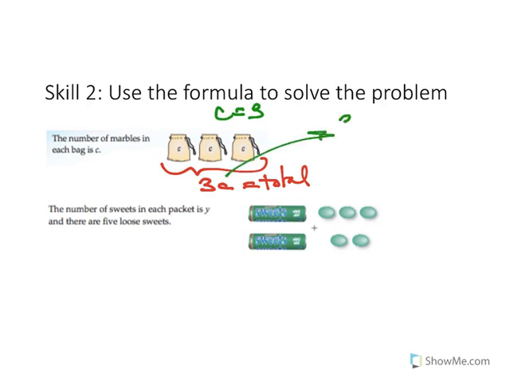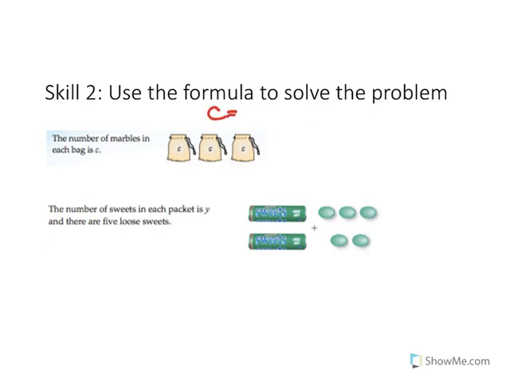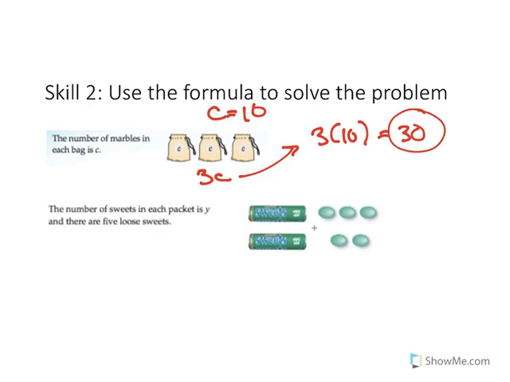If C is equal to 3, then 3 times 3, because there's 3 in each sack, is going to make a total of 9 marbles. Or, what if we said each sack has 10 marbles, and again, the formula is 3C, we'd say 3 times 10 makes 30 marbles in total.